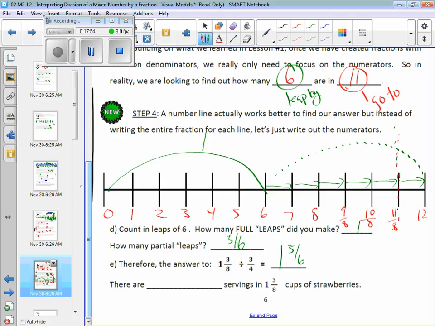The easiest way to remember it, once you have a partial leap: to get from here to my go-to, 1, 2, 3, 4, 5, that's the numerator. The full leap is 1, 2, 3, 4, 5, 6, the denominator. If that helps you. And honestly, the best way to learn it is to keep practicing and practicing. It's like learning a new thing. So the answer becomes 1 and 5/6.